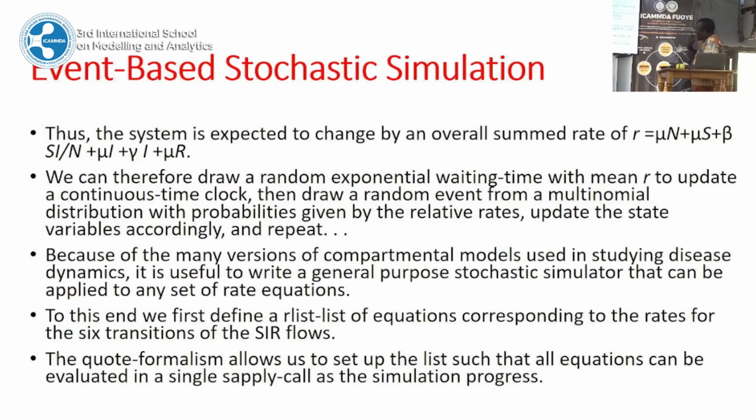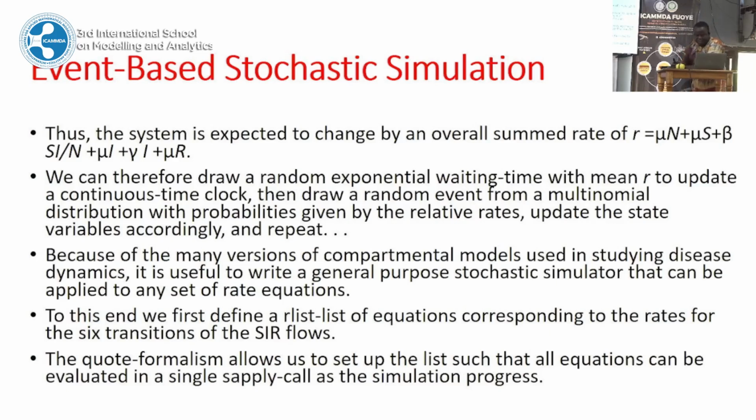Then draw a random event from a multinomial distribution with probabilities given by the relative rates, and then we update the state variables accordingly and repeat. Because of the many versions of compartmental models used in studying disease dynamics, it is useful to write a general stochastic simulator that can be applied to any set of rate equations.